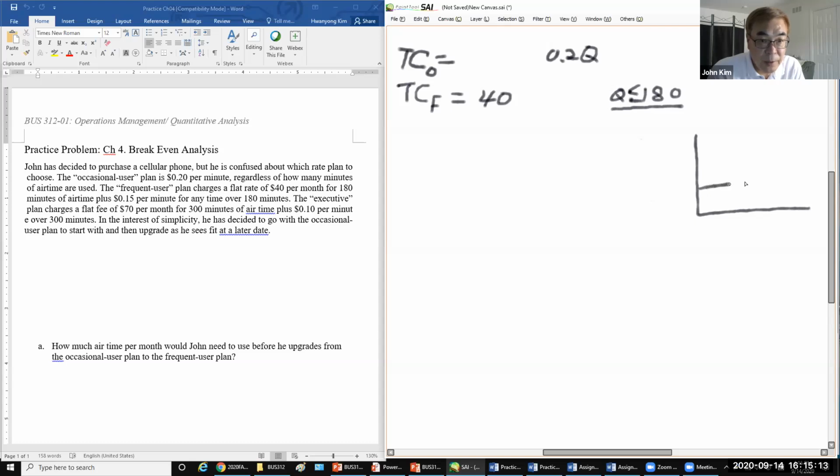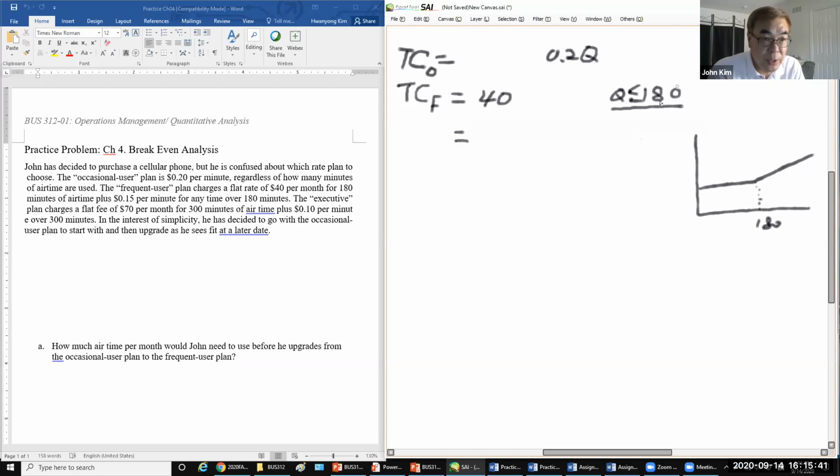$40 flat up to 180 minutes. And then after 180 minutes, increase by 15 cents. So we can make two equations.